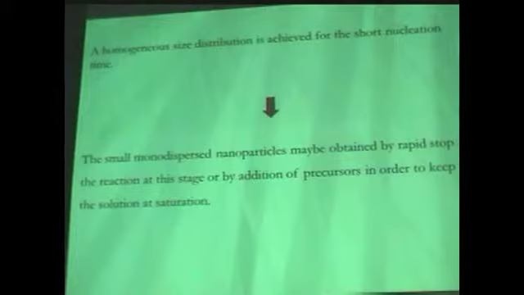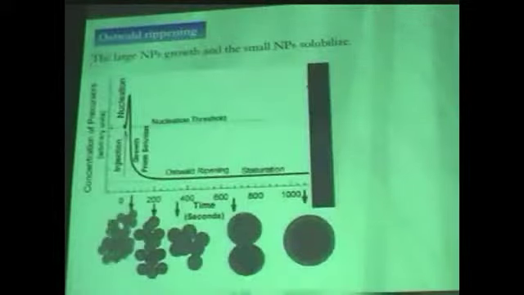So, if we stop the reaction at this time, we obtain monodispersed nanoparticles, and we avoid the Ostwald ripening mechanism, which will broaden the distribution and give polydispersed nanoparticles.